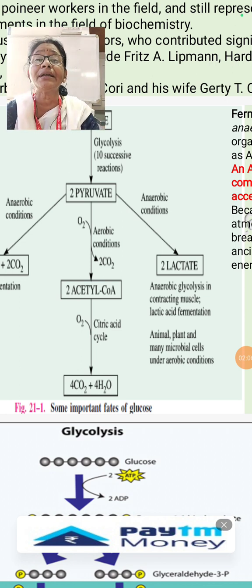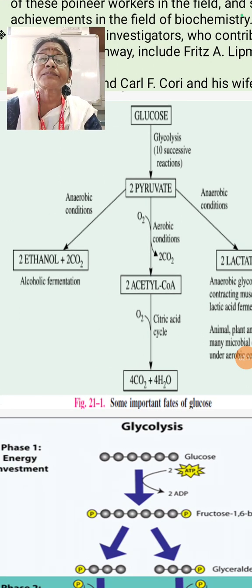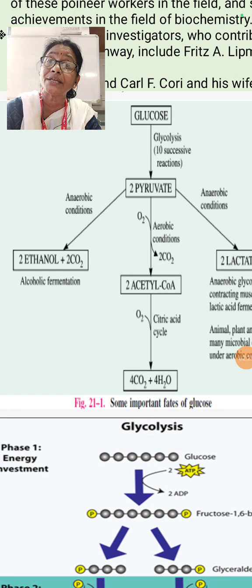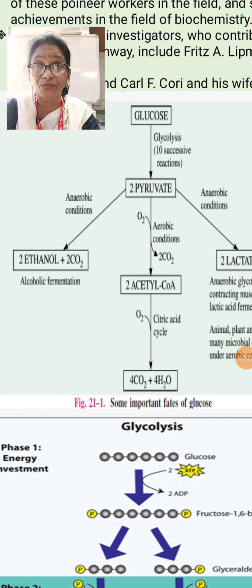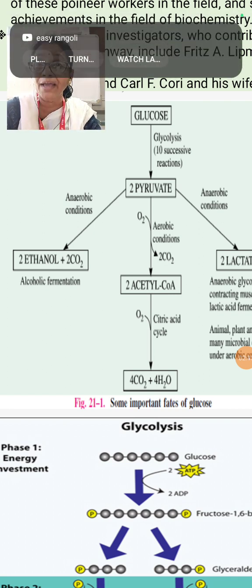But when it proceeds further in aerobic condition, it is converted into acetyl CoA, and acetyl CoA enters the TCA cycle, and then it enters the electron transport chain, and the last products of complete glucose catabolism are CO2 and H2O. When glucose is completely catabolized to CO2 and H2O, 32 molecules of ATP are formed under aerobic oxidation. But when it undergoes anaerobic oxidation, either lactate or ethanol forms depending upon the cell's requirement.